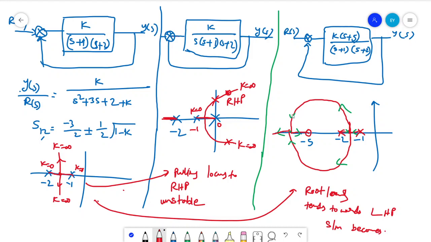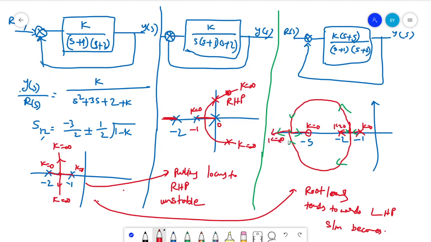So from this, the observation is, if the root locus is observed in three different systems, the effect of k, when k is equal to 0 to infinity, here also k equal to 0 and k equal to infinity at this point. Here k equal to 0 and k equal to infinity at this point.